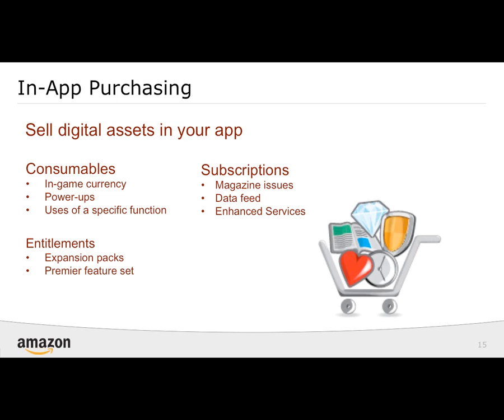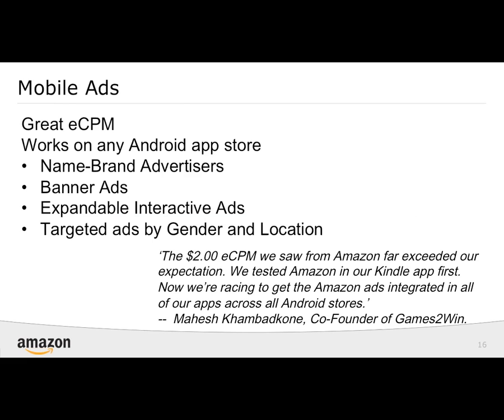Next, we have mobile ads, another good way to monetize your application. Mobile ads are for people who want to put banner ads or full page ads or even interstitials in their application. We have a really great revenue per 1,000 impressions on our ads, primarily because we don't just do small people nobody's ever heard of.